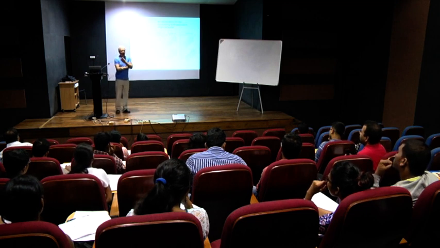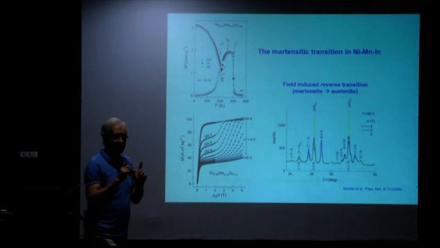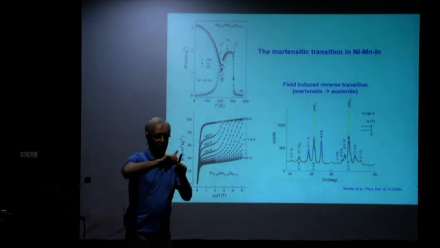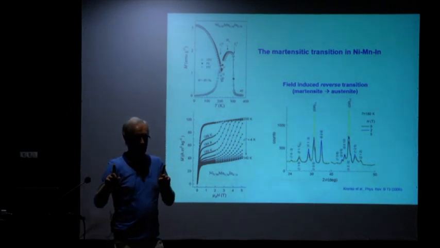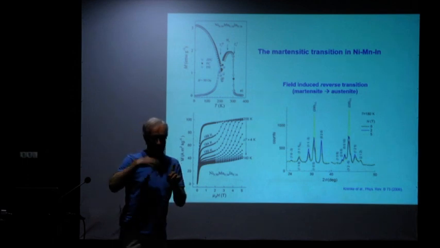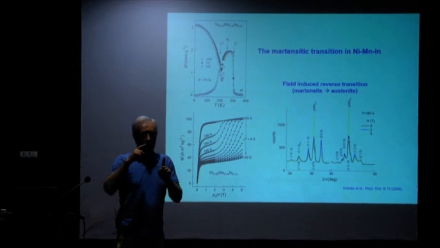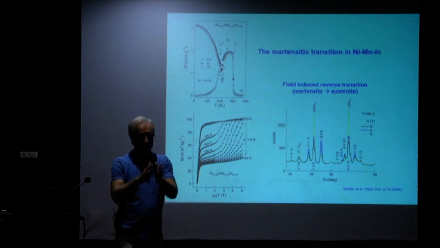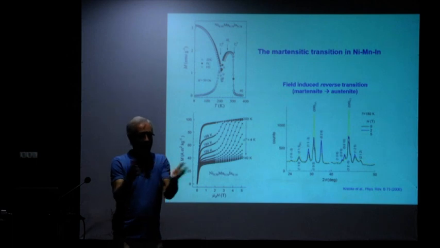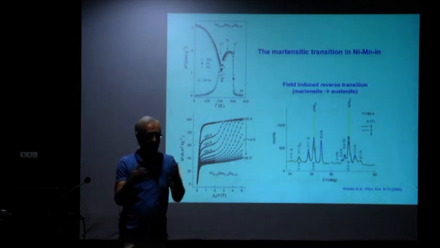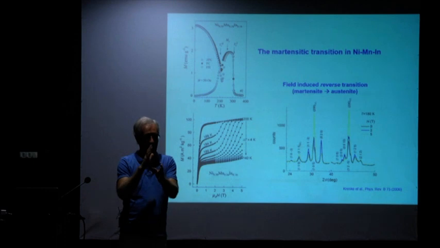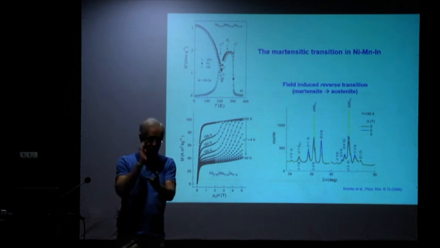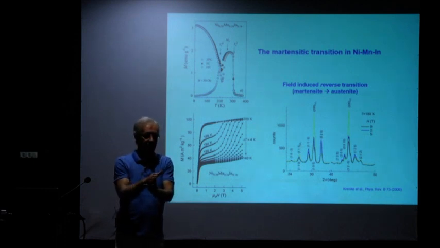Well, okay, let's take it one by one. If you're looking at the magnetic field-induced transformation, when you're going from one state to the other state, you're applying a magnetic field. When you're applying a magnetic field, you have an exchange with the magnetic moment. Now, if you didn't have a magnetic moment, the magnetic field wouldn't do anything, and nickel titanium, it doesn't do anything. So you need the magnetic moment. So you're first interacting with the magnetic moment.